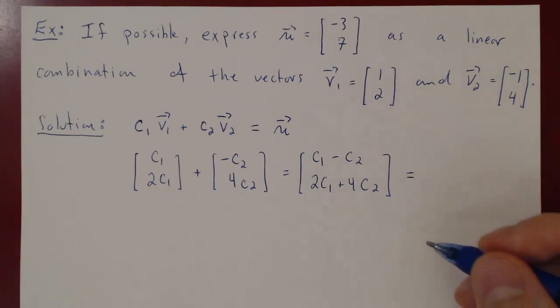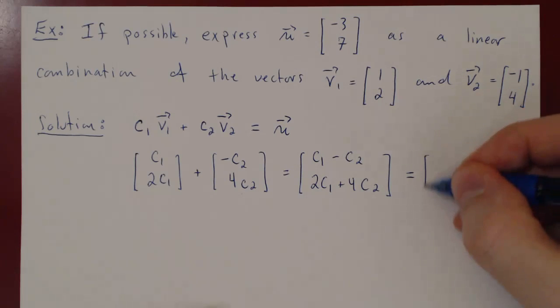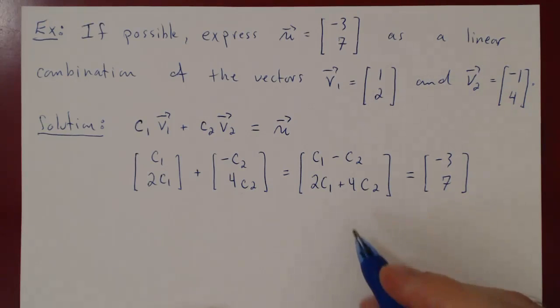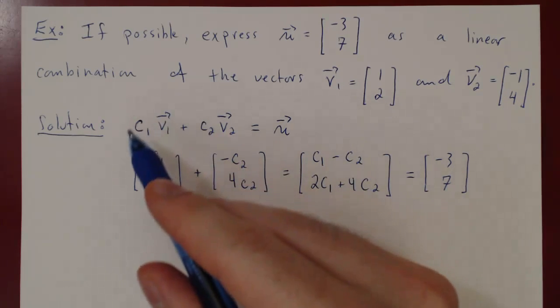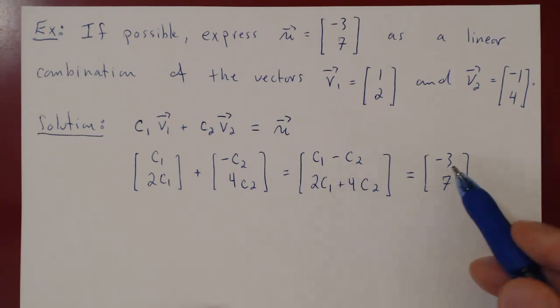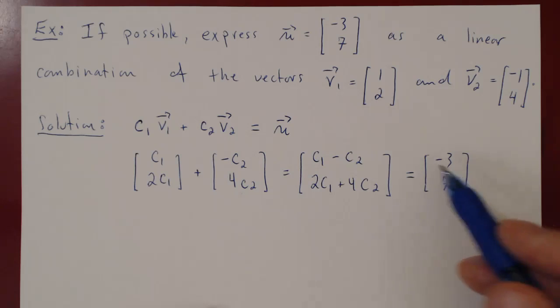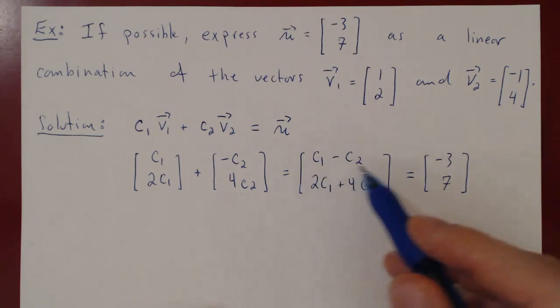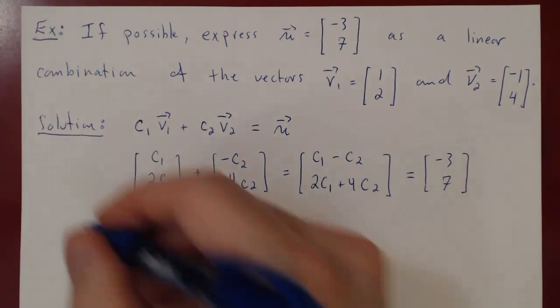And this would have to be equal to the vector u, which is -3, 7. And if you look now, by collapsing this linear combination into a single vector, you have a vector equality or a matrix equality. Therefore, corresponding entries must be equal. So c1 minus c2 must be equal to -3.